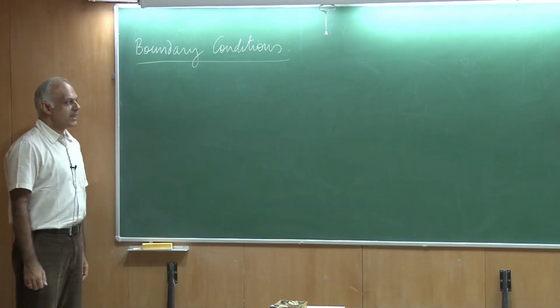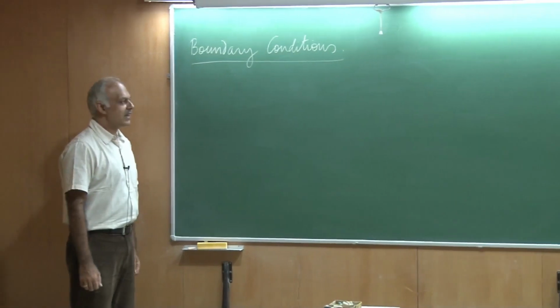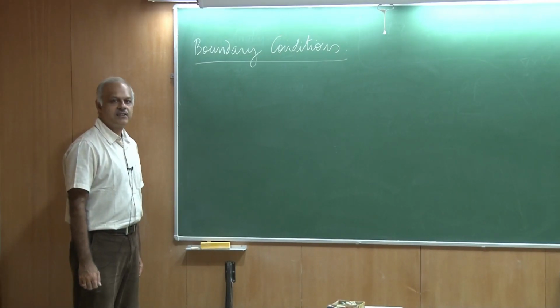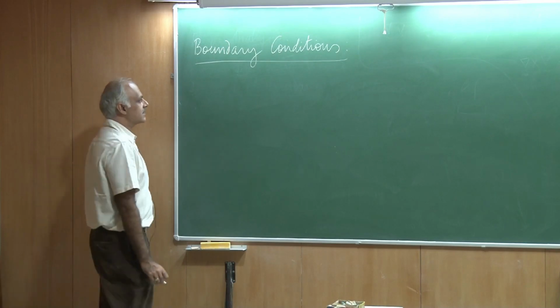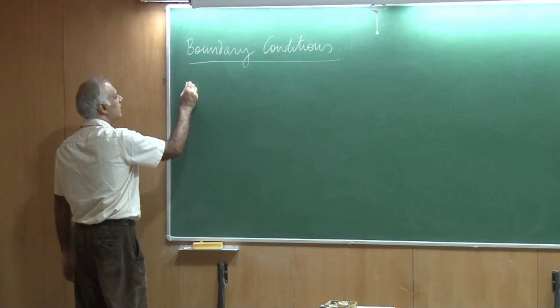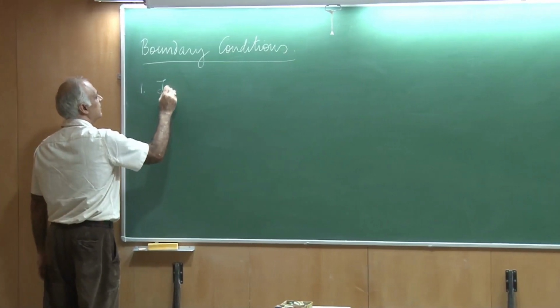Alright, so we have looked at the equations, and I already alluded to the fact that we will need boundary conditions. So let us talk about the boundary conditions. They are of many kinds. Let us first talk about the far field.